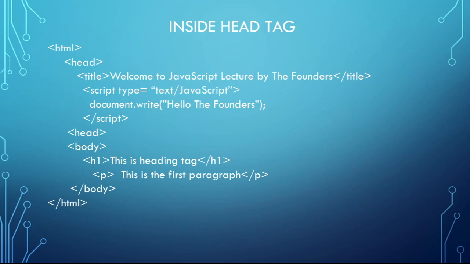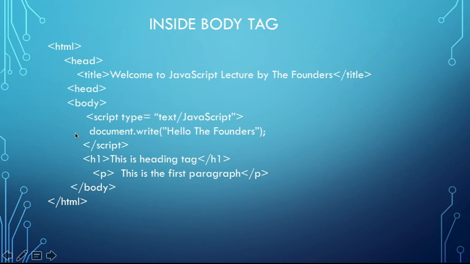So in inline, moving forward, how can we write JavaScript through inline in HTML? Let's talk about inside the head tag. The code that I've written here is for inside the head tag. Here is the opening of head and here is the closing of head. Sorry, I forgot to mention the closing of head.